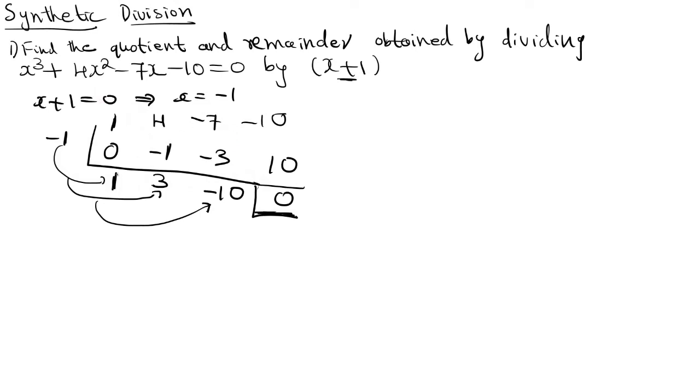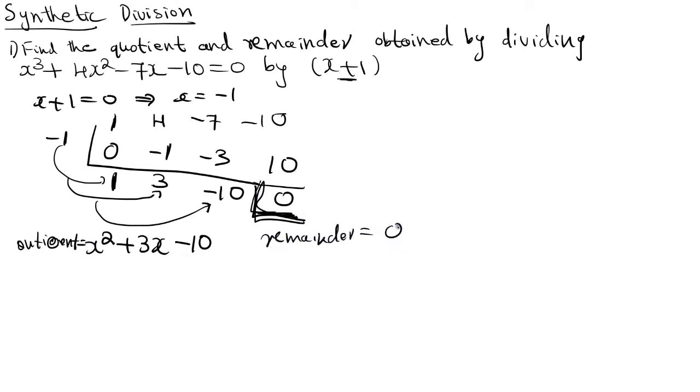So, you can write it as coefficient of x square is 1. So, x square plus 3x minus 10. Okay. So, it is the quotient. Quotient is equal to x square plus 3x minus 10. What is the remainder? You can see, right? Remainder is equal to 0.